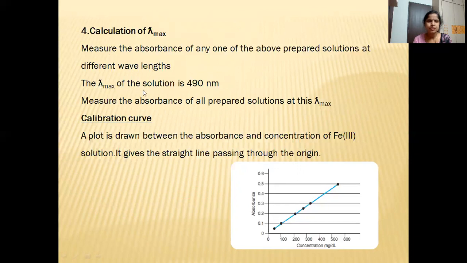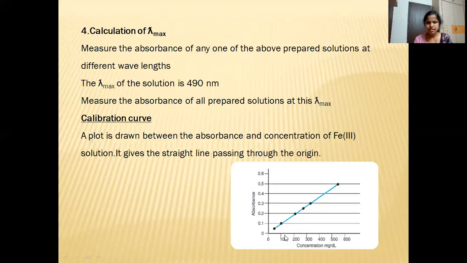We have to see where the lambda max is observed for the solutions. At 490 nanometers, you set the instrument and find out the absorbance of all the standard solutions. Then we have to draw a calibration curve.